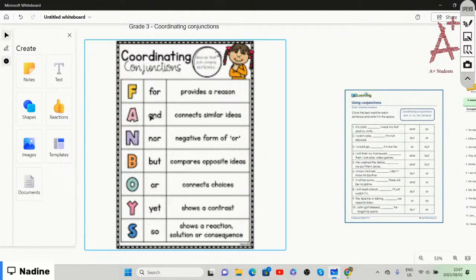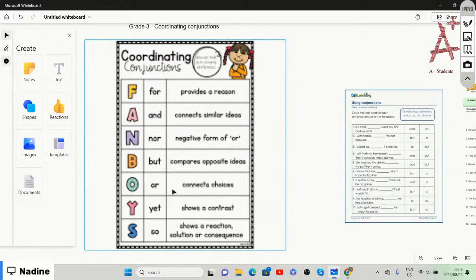If we use and to connect words, phrases, or simple sentences, then and is just there to connect simple ideas, right? Nor is a negative form of or, right? And then we have but. But compares opposite ideas, like in our previous example that we just made.